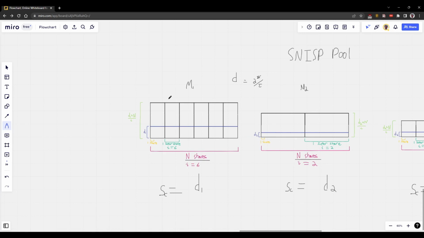However, to prove that they created n shares, each miner is going to create a set of super shares that prove goodness for a set of n shares at a certain level. So for miner 1, in this case, the miner created a proof at level I, where I equals 6.